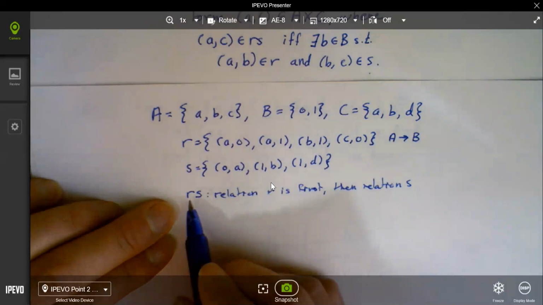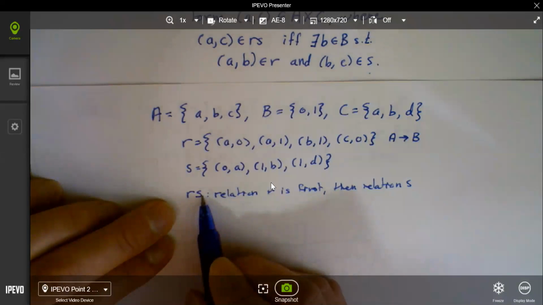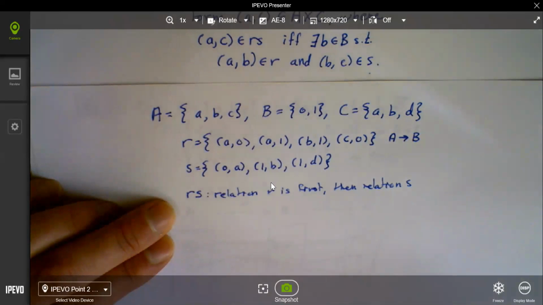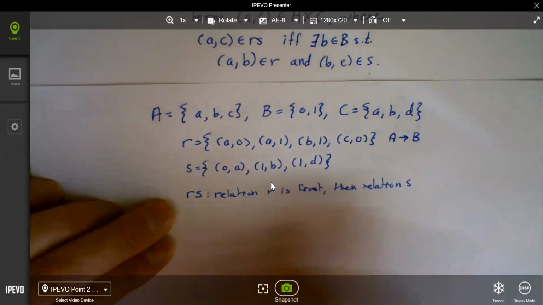This is left to right. So R, then S. If you're not familiar with that other notation, then you don't need to worry about it. We just read left to right here.